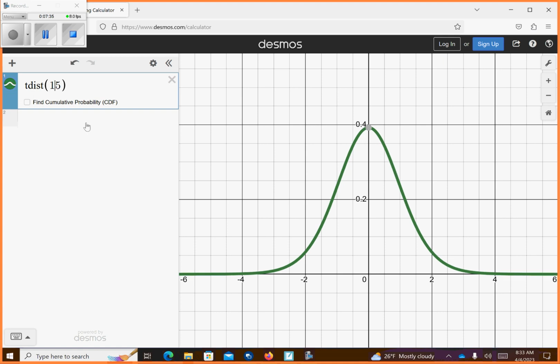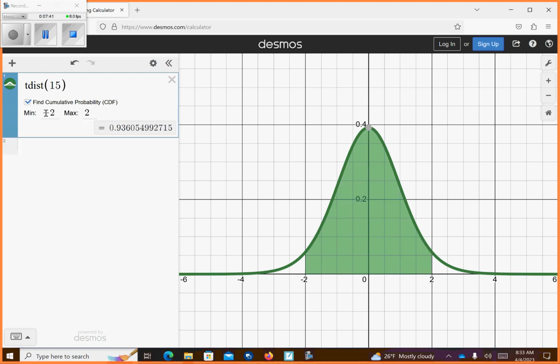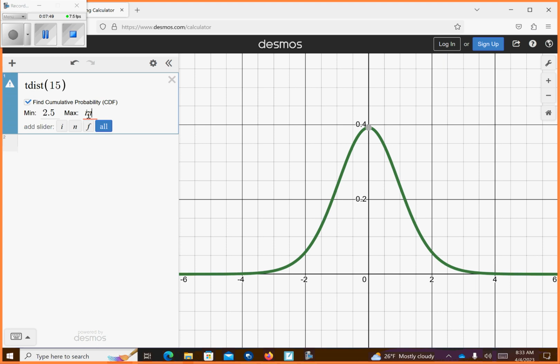Students who earned a score of more than 2.5 standard deviations above the mean earned an A. So if I changed this to 2.5 and went to infinity, this professor had 1.2% of the students earn an A.